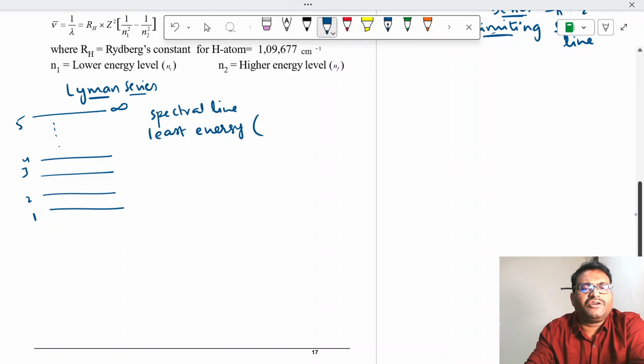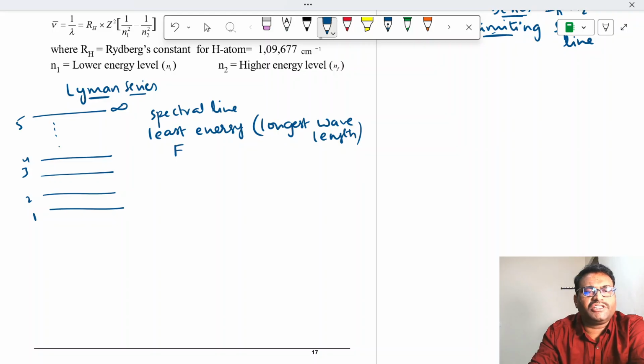Least energy is also longest wavelength. Why? We know that E is equal to hc by lambda. If E is minimum, then lambda will be maximum. What is that line? The least energy line is 2 to 1. This is the E minimum line and lambda maximum line.